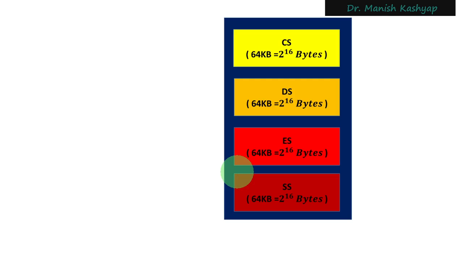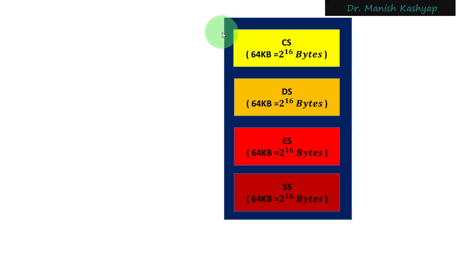Or alternatively, if you are seeing the 20-bit physical address in binary, then the least significant four bits have to be zero. So that is a condition for the starting address of this code, data, extra, and stack segment. And we will come to know why this condition is there.